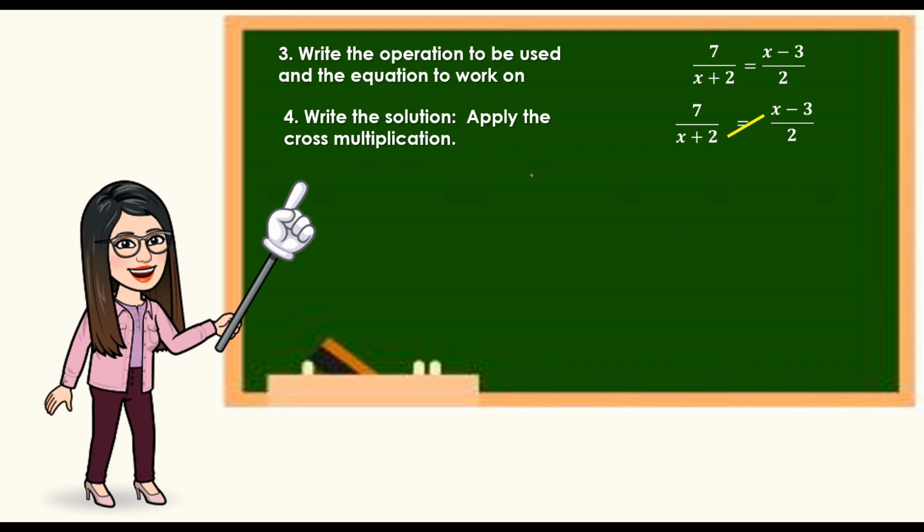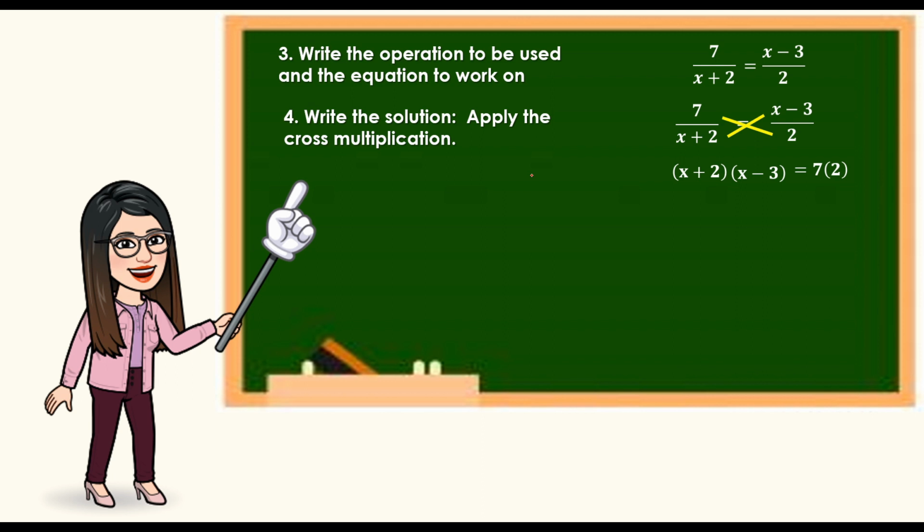We will cross multiply x plus 2 and x minus 3, and we will get the product of these two binomials. So we have the quantity of x plus 2 times the quantity of x minus 3. And then equals, we will now multiply 7 and 2, so we have equals 7 times 2.